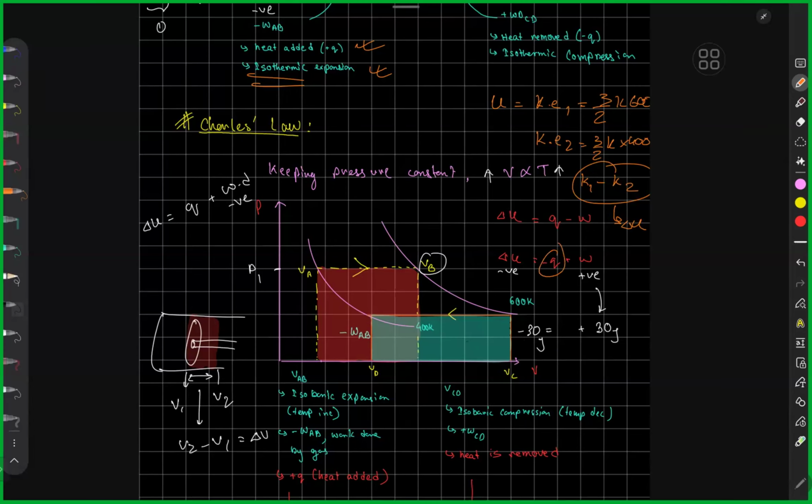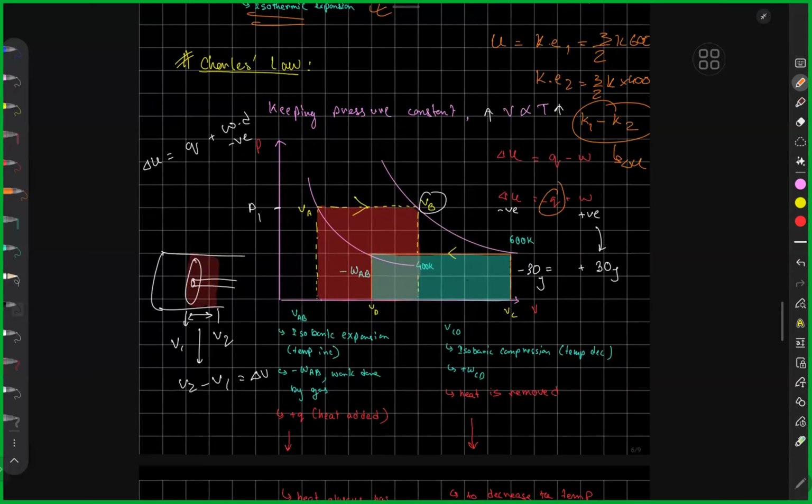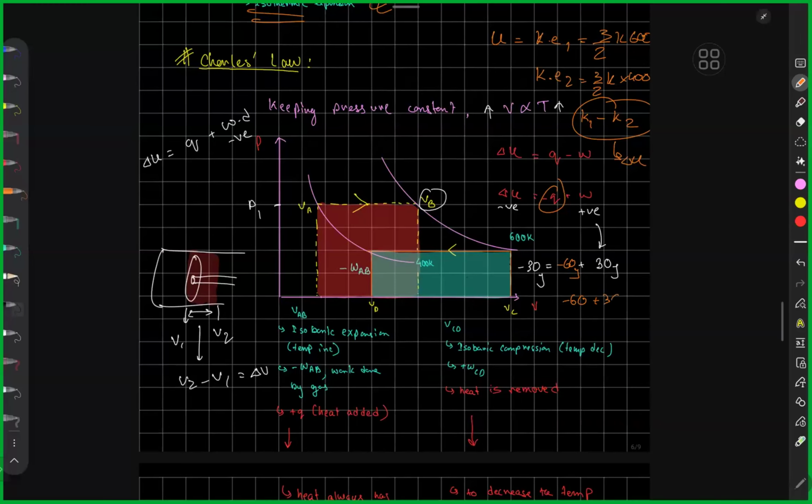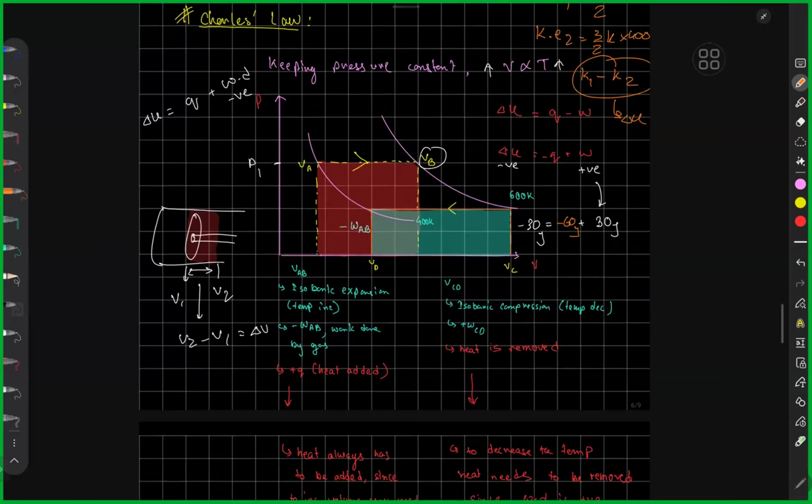So what should Q be? Q should be minus 60 joules, because minus 60 plus 30 joules is minus 30, which is the change in internal energy. See if it makes sense. So basically, I'm using the relation between volume and temperature to understand whether my internal energy is increasing or decreasing.